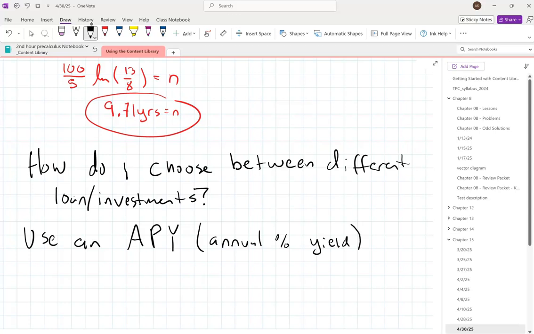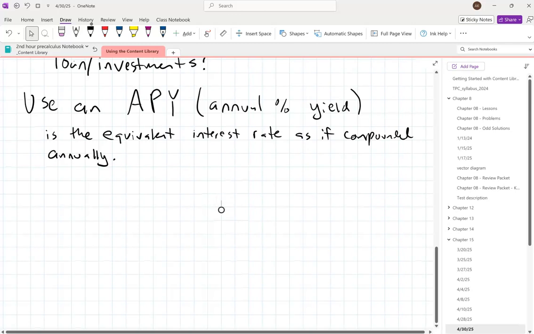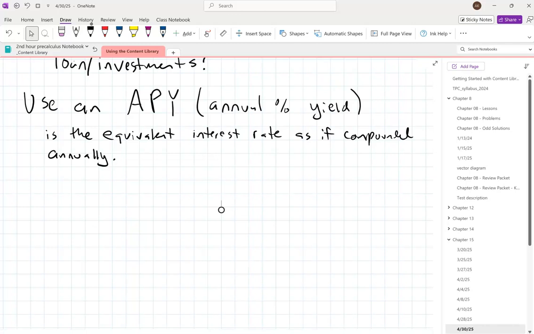And this takes a situation and converts it to... it's basically the conversion of some other term into an annual interest rate.